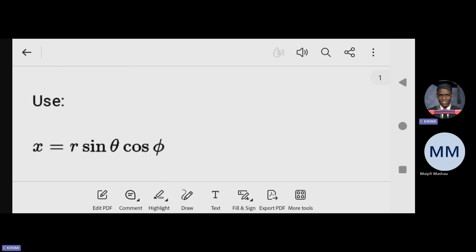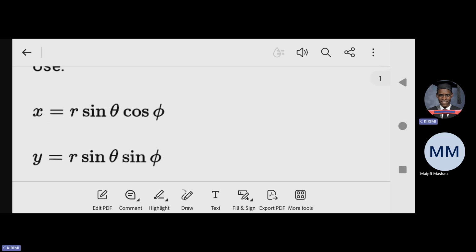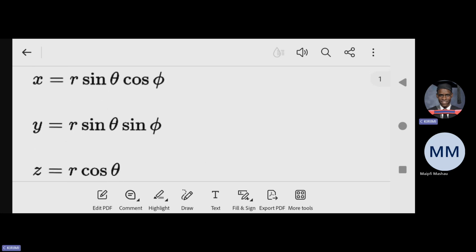So in terms of calculus, x is r sine theta cos phi. This is how you write your x. You are in 3 dimensions. In terms of x, 3D, and then y is r sine theta sine phi.